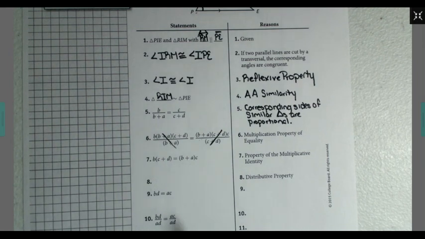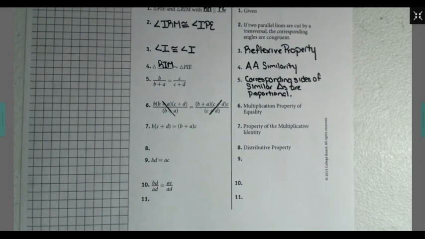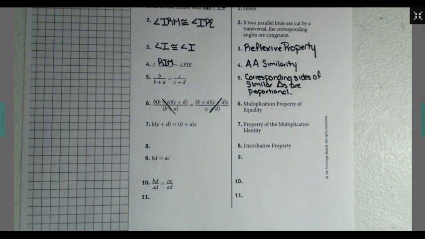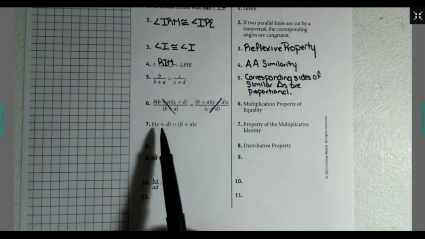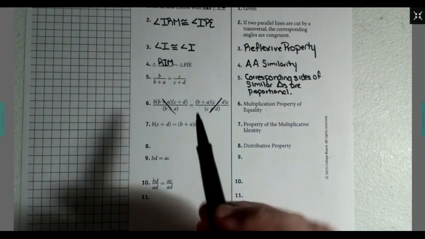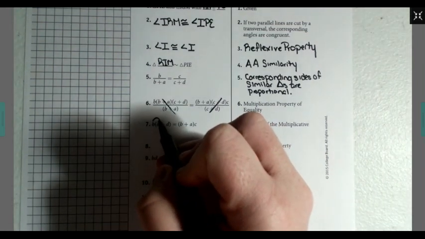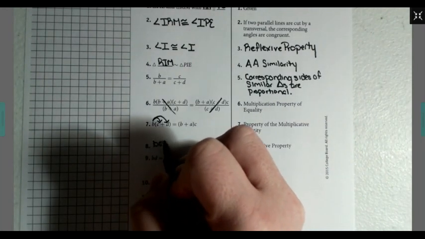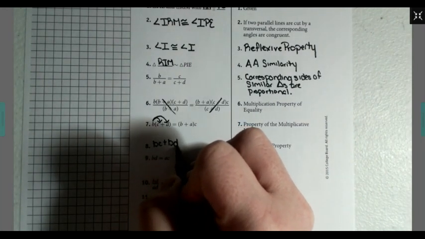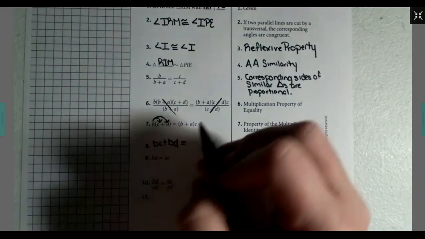Here in step 8, it says we're going to be using the distributive property. Well, distributive property, I already know means I'm going to be doing some multiplication to get rid of parentheses, right? So, BC and BD. So, BC plus BD equals.